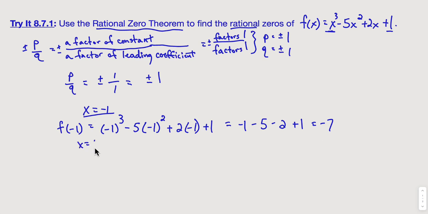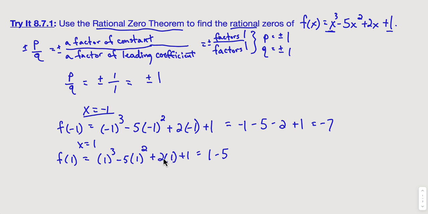And when x equals 1, we have f of 1 equals 1 cubed minus 5 times 1 squared plus 2 times 1 plus 1, which equals 1 cubed is 1 minus 5 times 1 squared. 1 squared is 1 times 5 is 5, so this is just minus 5 still.